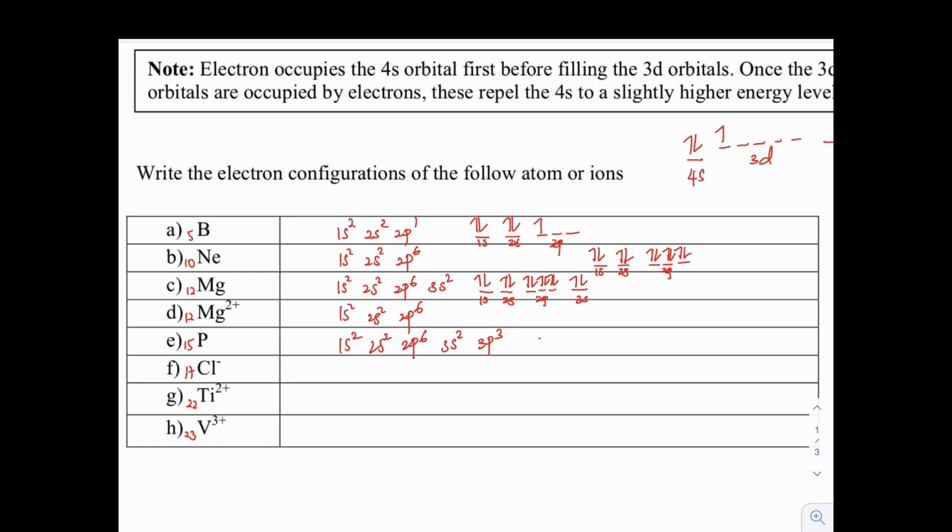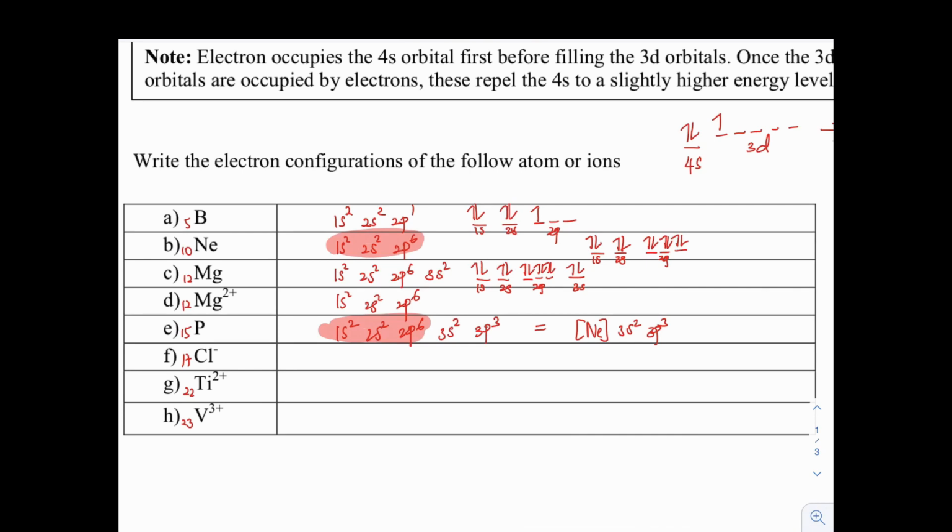So therefore, we can write this as [Ne] followed by 3s2 and 3p3, because this whole thing here represents the electronic configuration of neon. So you can do it like that. It will be similar to this. Okay?